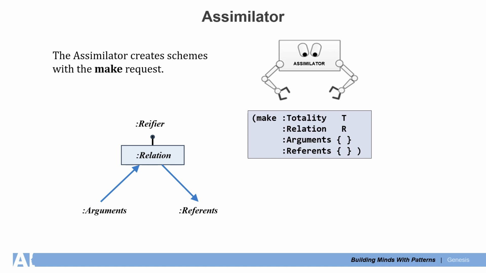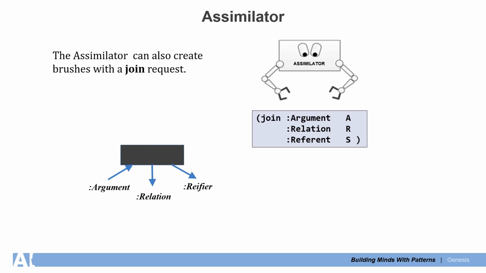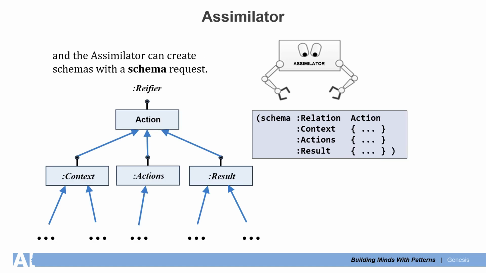The make request specifies the totality, whether virtual or actual, the relation, arguments, and referents. The assimilator can also create brushes with the join request. A brush is essentially a join or associative entity in database parlance. And the assimilator can create schemas with a schema request.